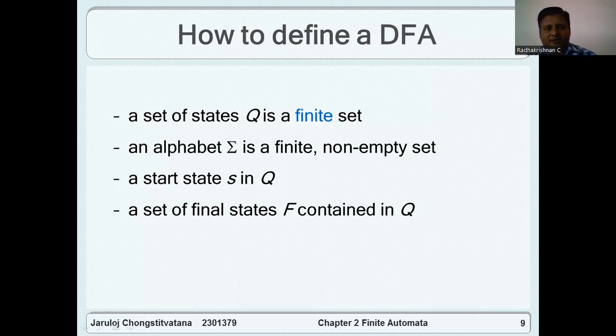For example, in the previous example the input set is 0, 1. In the transitions, the input symbols are represented as labels 0, 1, which we call the input alphabet or input set.